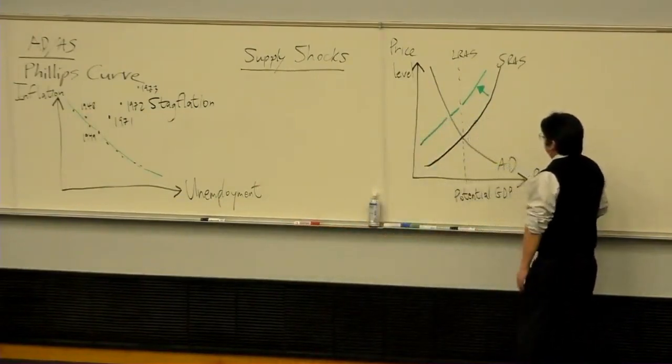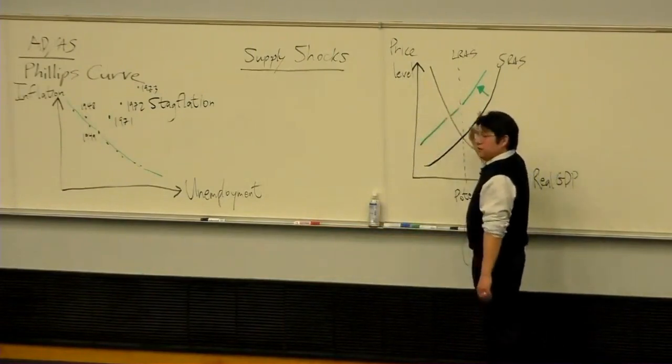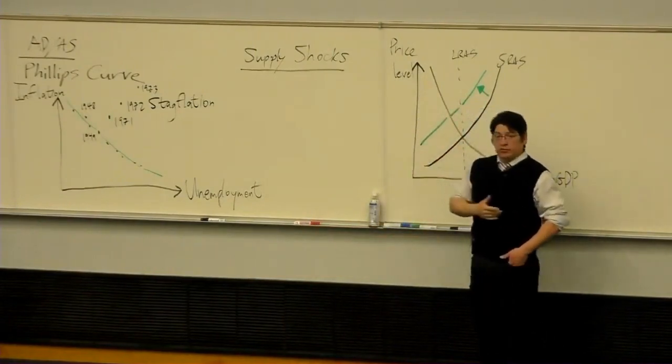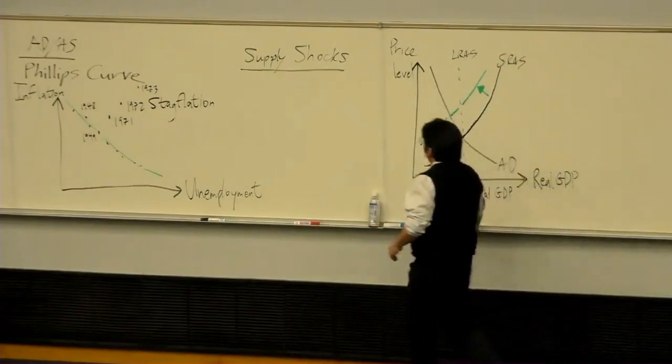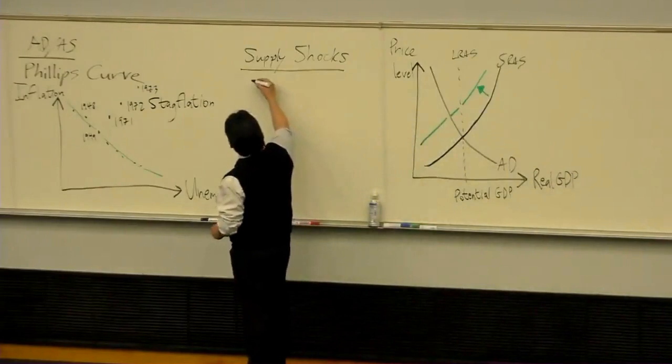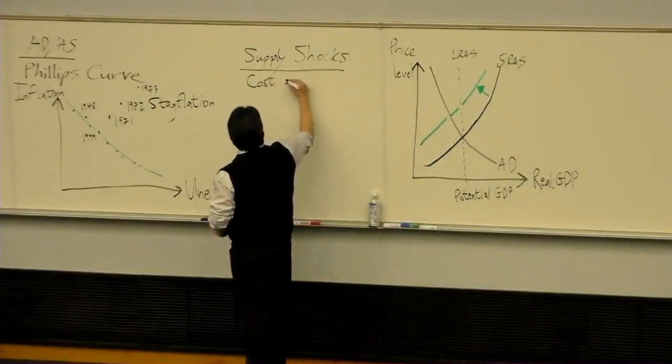So that suggests that the thing that might move the supply curve around, even on the macro level, is also some sort of cost shock. So supply shocks are equivalently cost shocks.